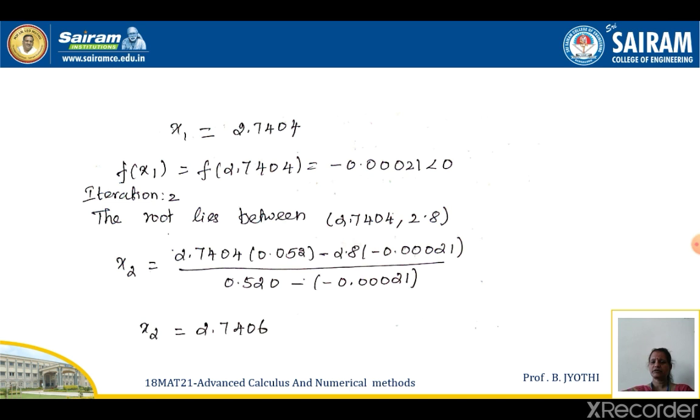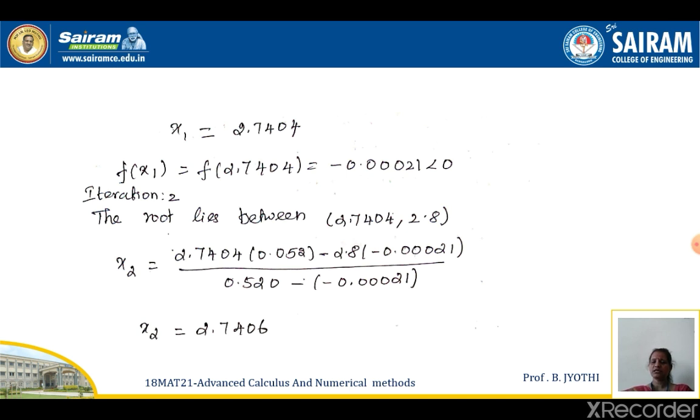we get the value of x1 as 2.7404, which on substitution into the equation gives f(2.7404) as a negative value, that is minus 0.00021.